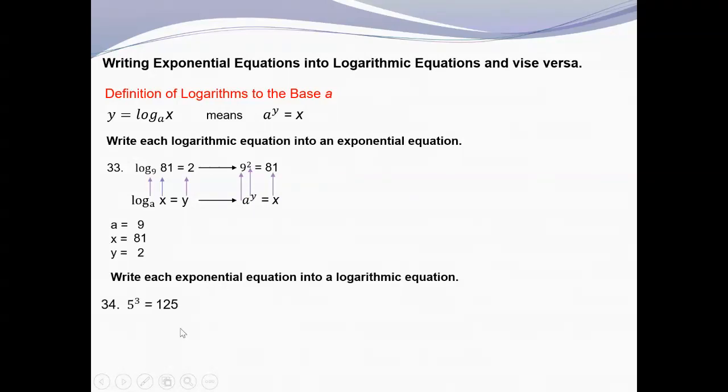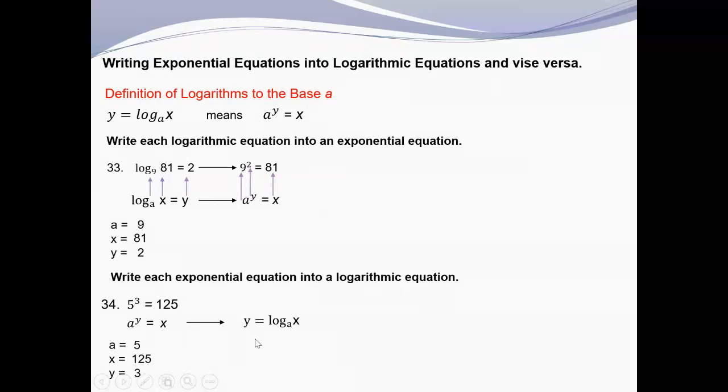For example, this one. Again, we have to find my a, my x, and my y. Here they're going the other way, from exponential to logarithmic. My a is 5, my y is 3, and my x is 125. So it's going to be 3 equals log base 5 of 125.